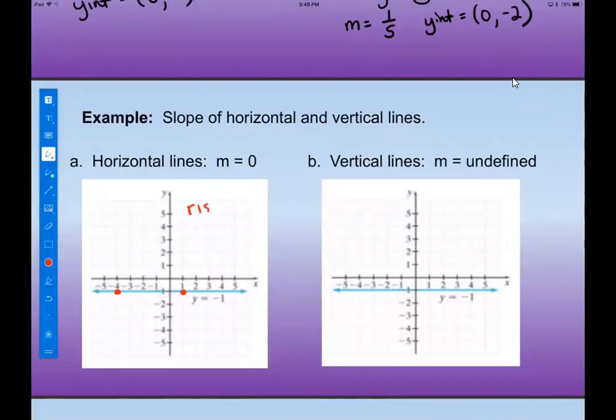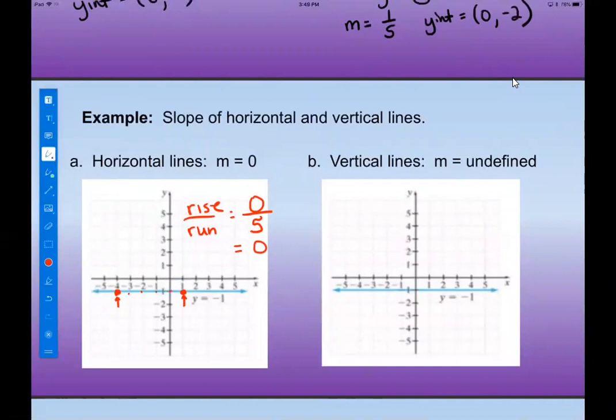If I'm going from this point to this point, notice that we don't rise, we don't go up or down. So that means that our rise is 0. But we can run 1, 2, 3, 4, 5. But what is 0 divided by any number? It's always going to be 0. So the slope of any horizontal line is always going to be 0.